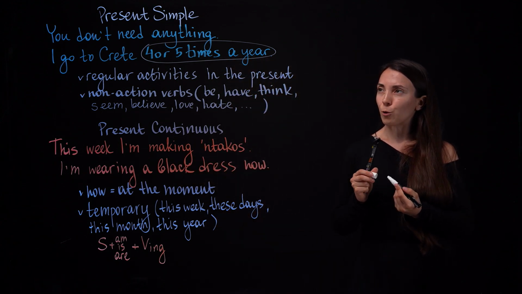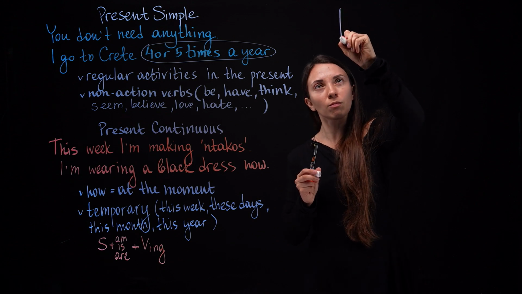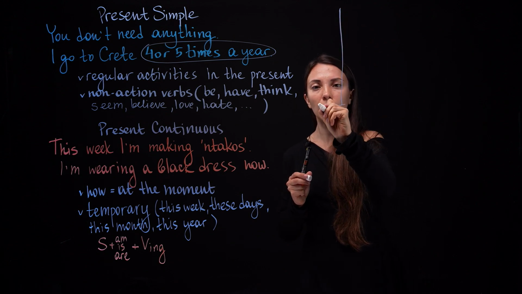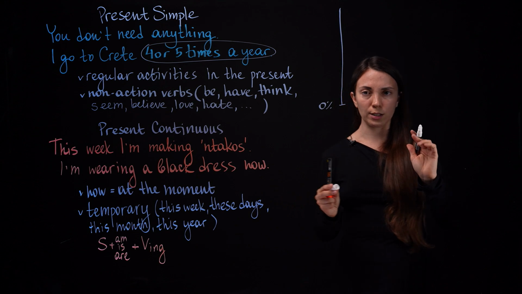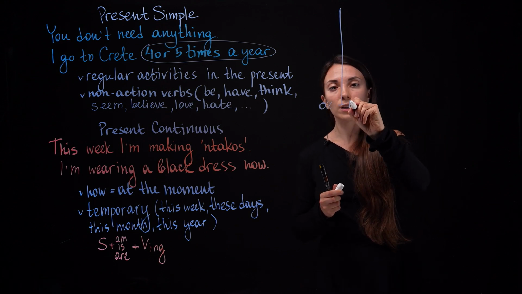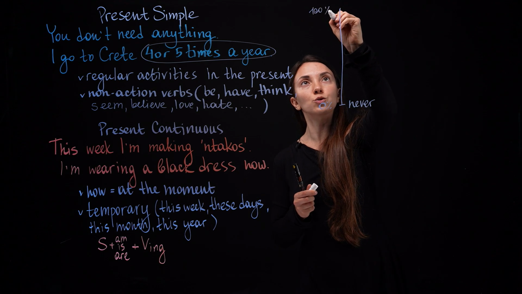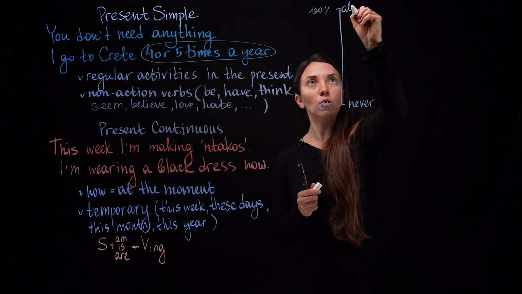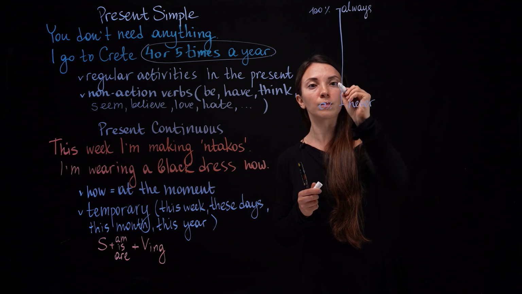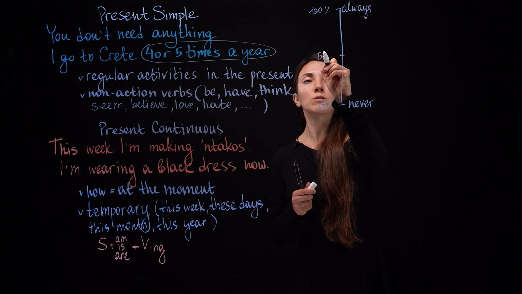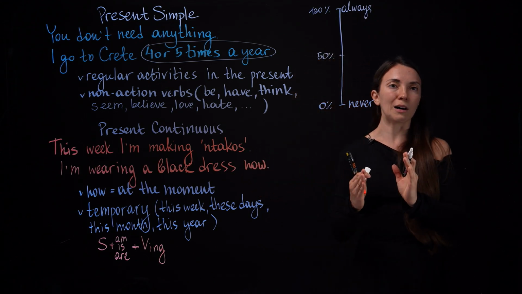So, for example, if it happens 0% of your time, yeah, it's never. What about 100? Always. What about like a half?